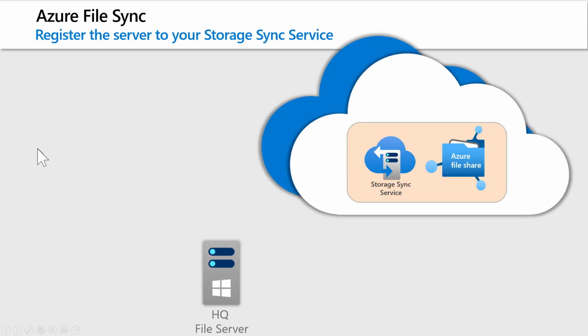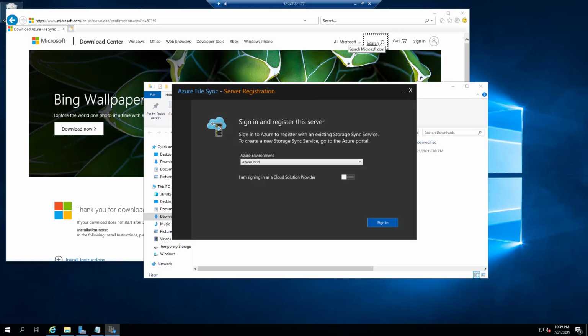After your networking is set up correctly, you're then ready to register the AFS Windows Server to your Storage Sync service. Registering your Windows Server with a Storage Sync service establishes a trust relationship between your server or cluster and the Storage Sync service. Note that a server can only be registered to one Storage Sync service and can then only sync with other servers and other file shares associated with the same Storage Sync service.